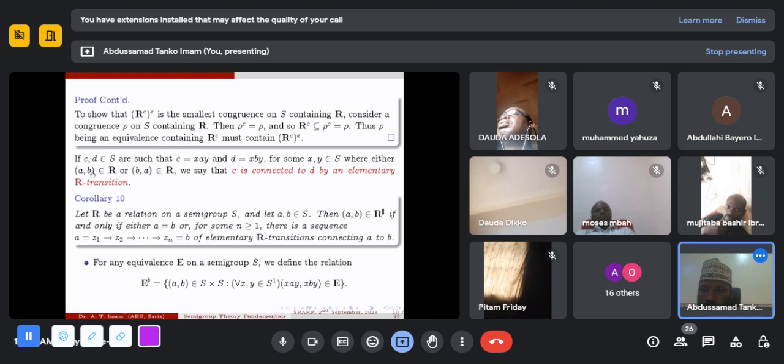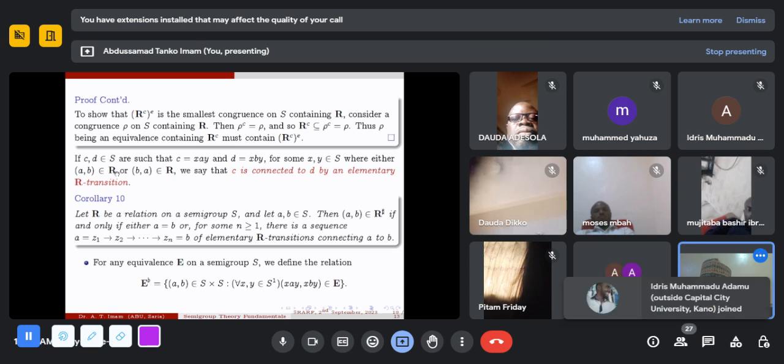terminology here. So if you have elements C and D in a semigroup such that C is XAY and D is XBY for some X, Y in S, where A and B, that is, C is the sandwich of A with X and Y, and D is the sandwich of B with X and Y, where A and B are elements that are either R related or R inverse related.